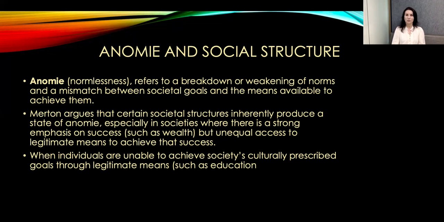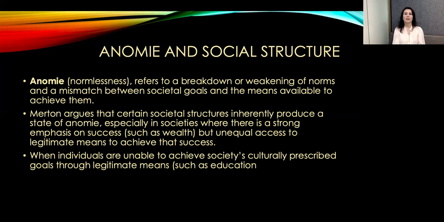Merton's typology argues that certain societal structures inherently produce a state of anomie, where there is an emphasis on success, such as wealth, but opportunities to achieve that are not there.